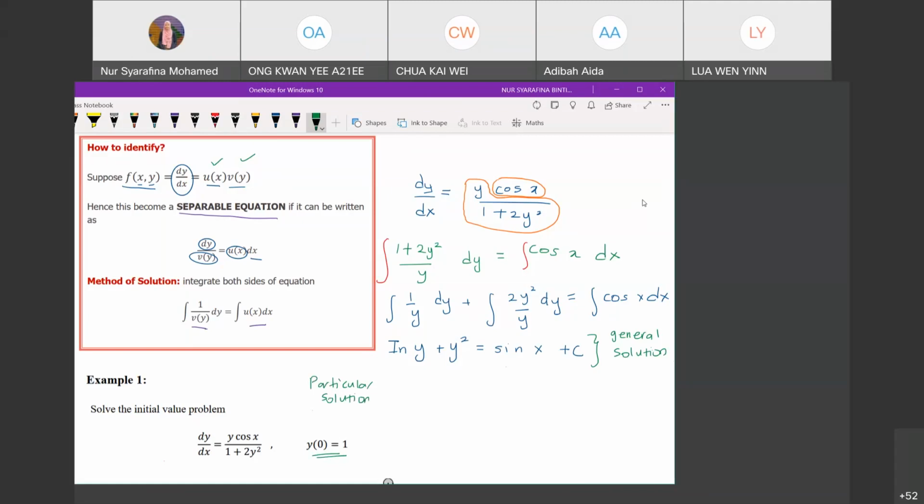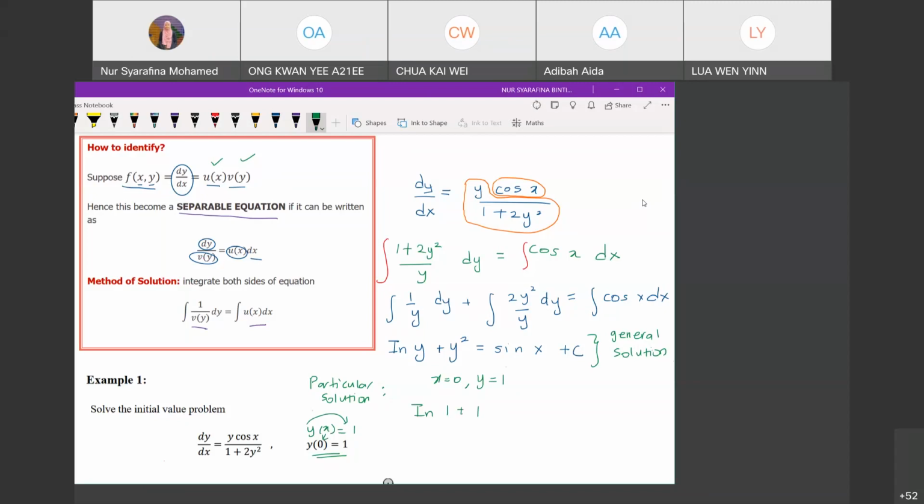So for particular solution, you have to have the value of the constant. So how can we find the value of the constant? Just use the condition given, where the condition given here is when x equals to 0, y equals to 1, because this is y(0) equals to 1. So x is 0, y is 1. So just substitute.